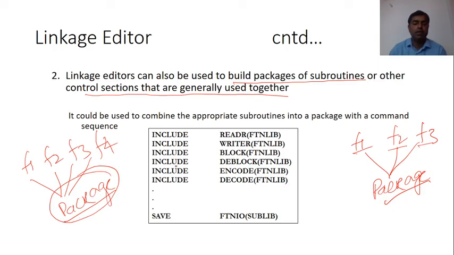Now after including this, I am writing a command as save function IO, ftn IO as a sub library. That means what am I creating here? I am creating a package, the name of that package is ftn IO, and this ftn IO package will contain all these libraries that are mentioned here.